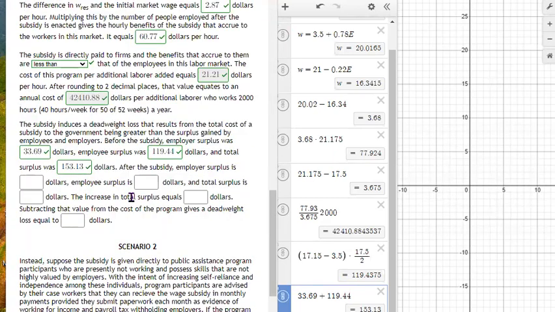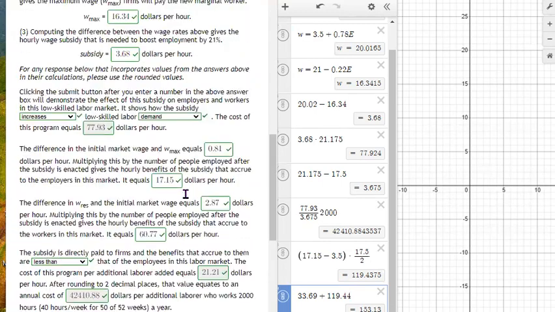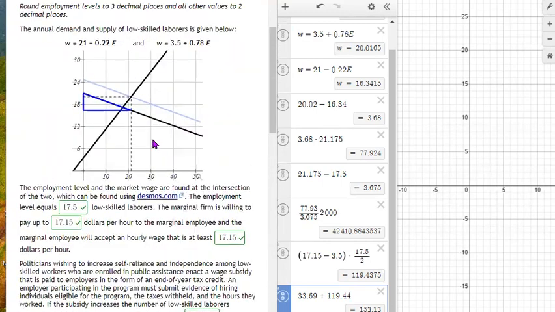Okay. Now, after the subsidy, employer surplus is what? The labor demand curve shifts from black to this light blue line, creating a new equilibrium quantity. That last worker hired in the subsidy program is not worth much to the firms, right?